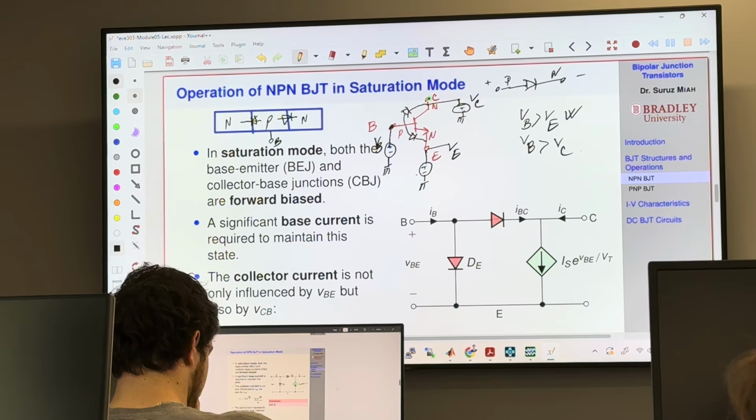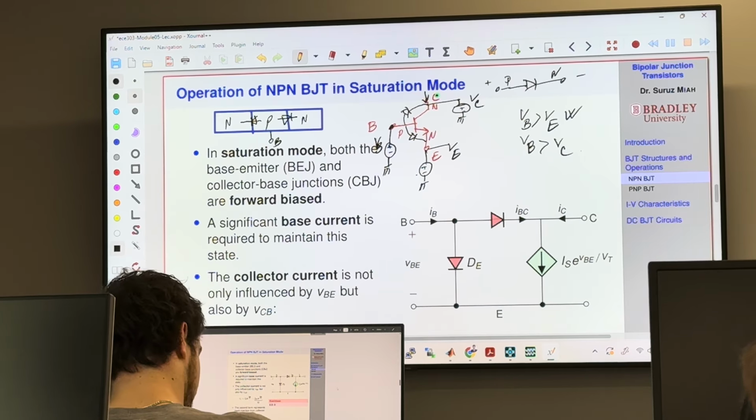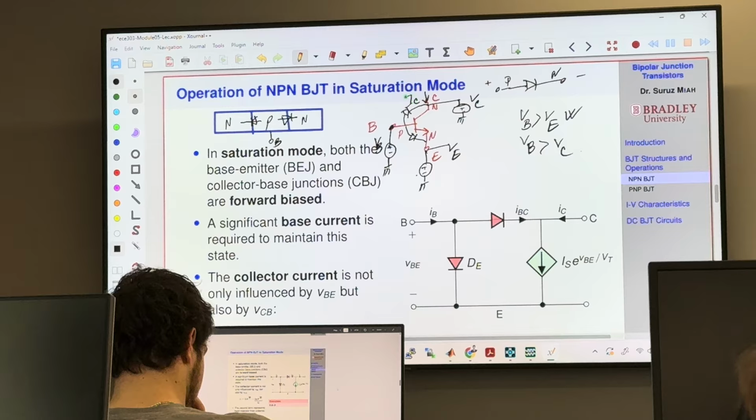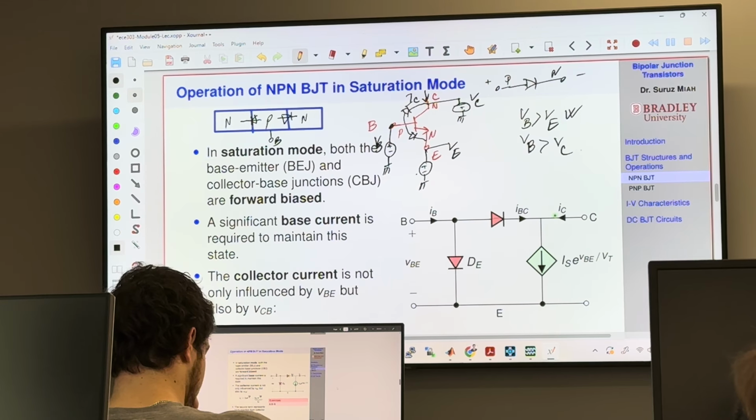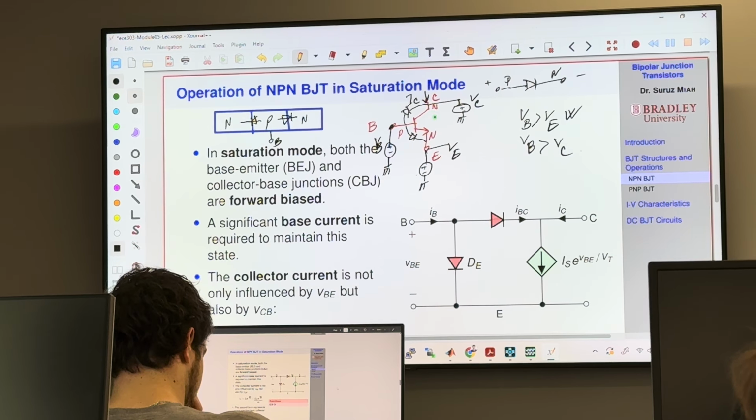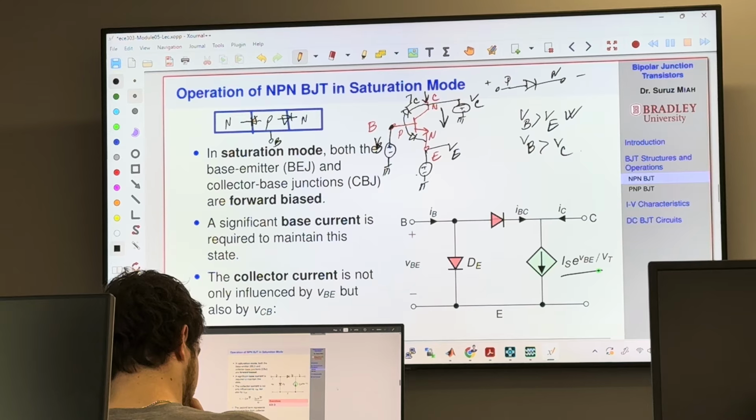Now the current that is coming through this collector terminal, I denoted with IC, and this is the collector current that we are talking about. The overall collector current that will flow from collector to emitter is going to be denoted as such.